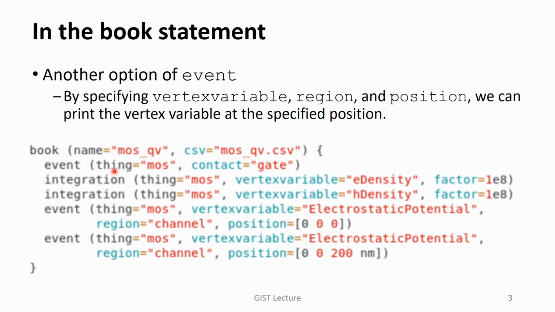In this example, we print the electrostatic potential at two positions, one at the interface and one at the end of substrate. The difference between them is the surface potential.